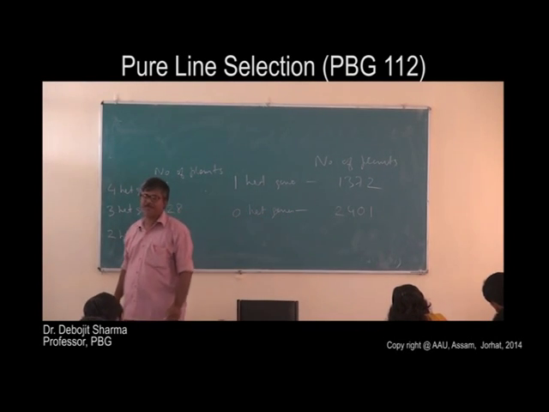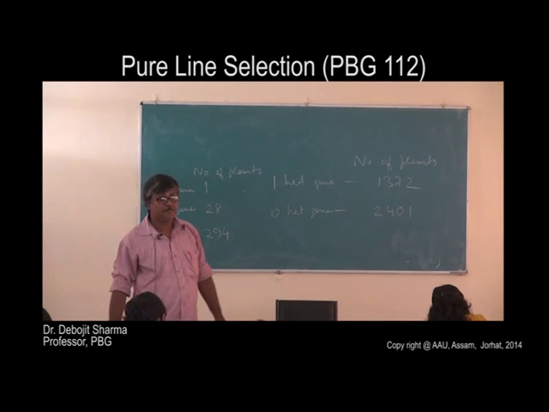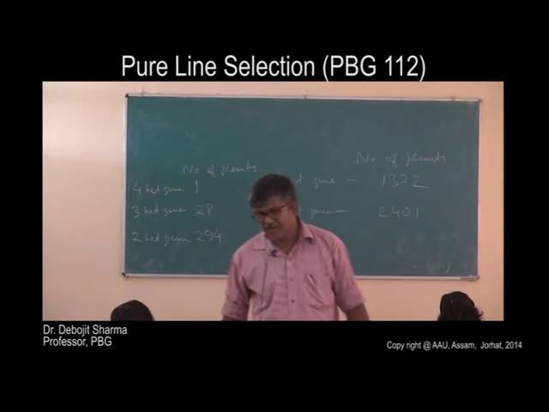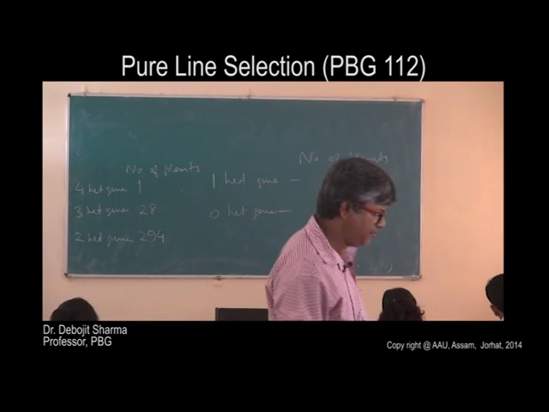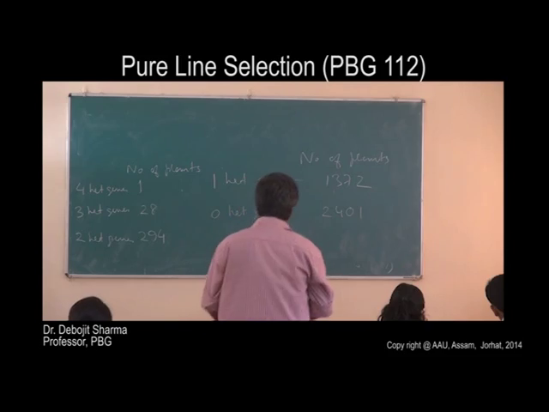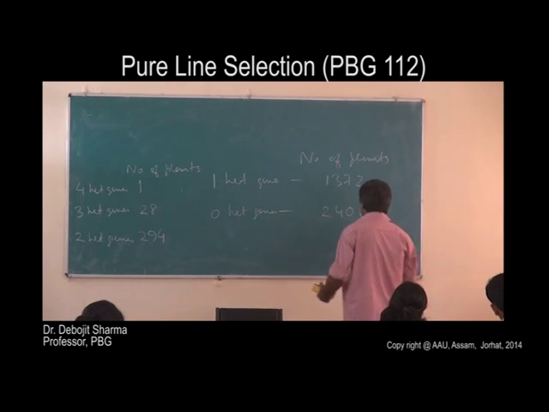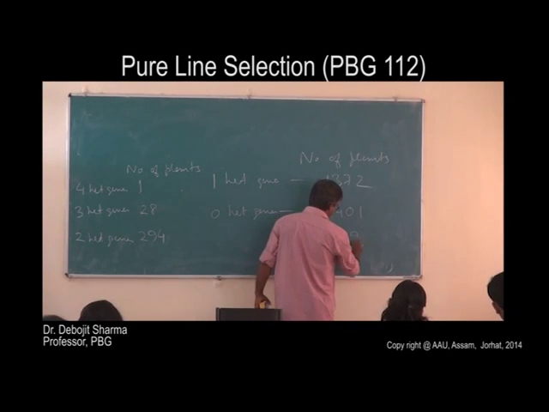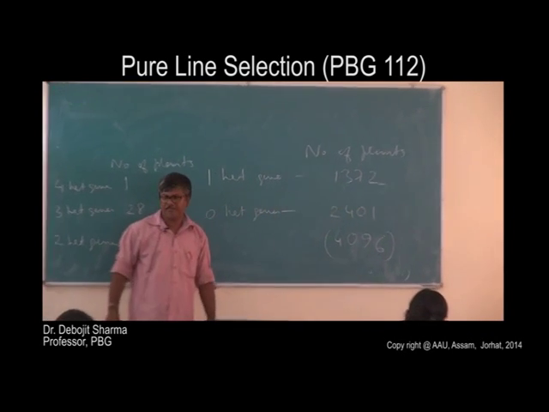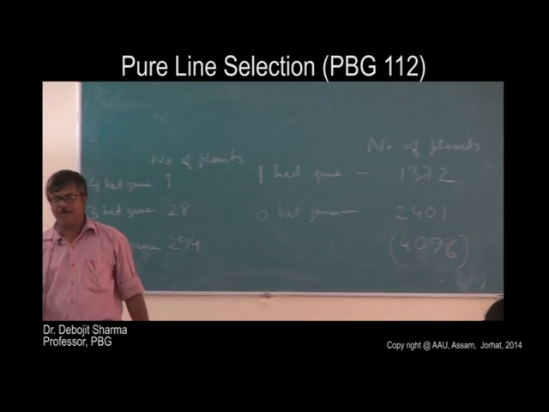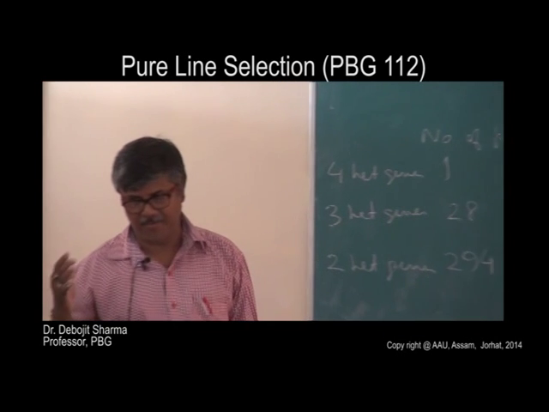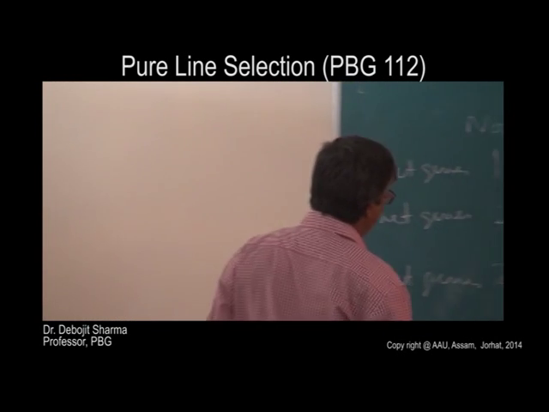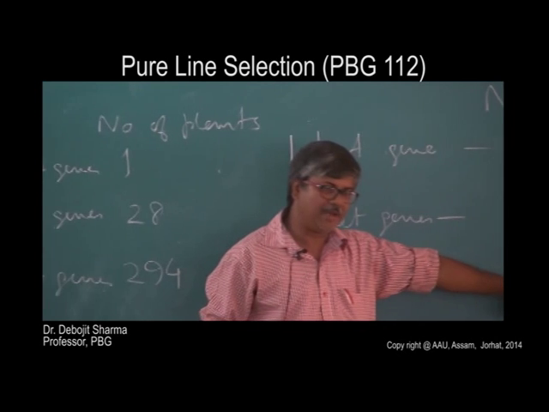How much is the total? 4096. After 3 generations of self-pollination, when the two parents differ for 4 genes, the minimum perfect population is 4096.